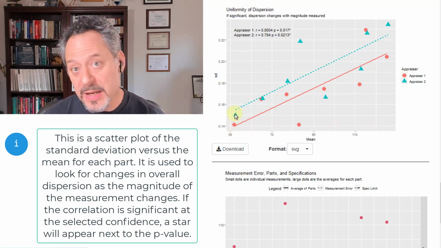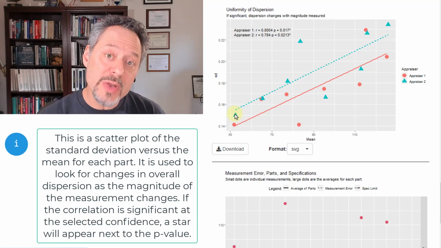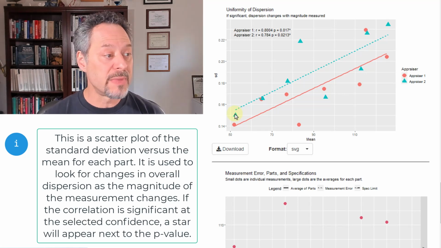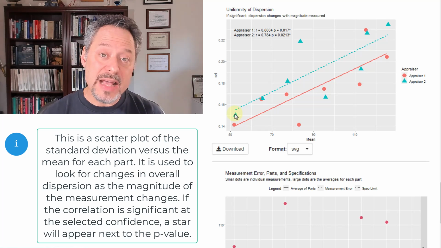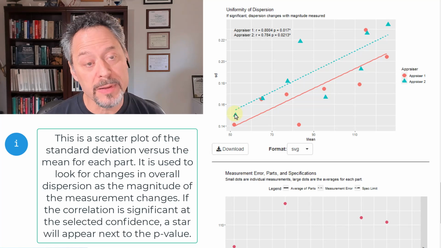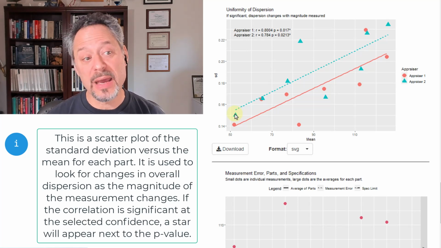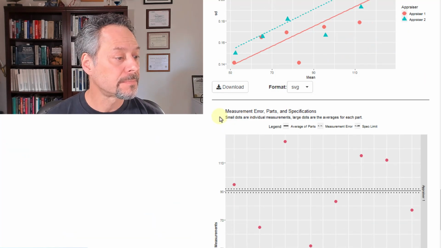Now, this didn't show up in any of the previous charts, but this is a way of testing. It's exactly why we test this. This is a way of testing to see if there's uniformity in the dispersion, regardless of what it is you're measuring. Turns out in this case, it's not. And so as my thickness increases, I get more and more standard deviation, more and more variability, okay? So that's kind of one of the sources that I'm actually looking at. Why is it happening that way? All right, we'll come back to that in a second.